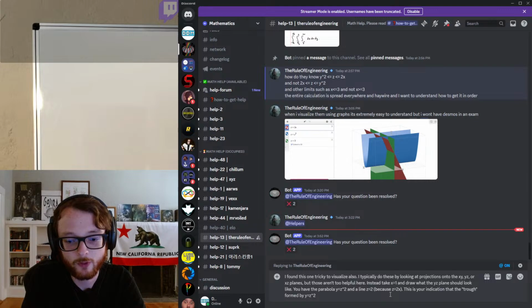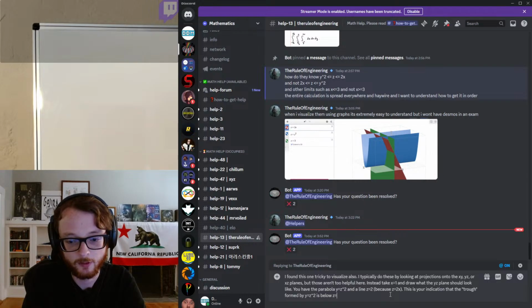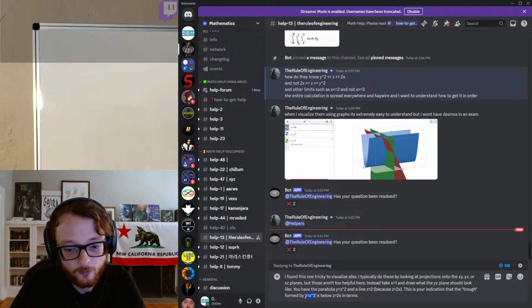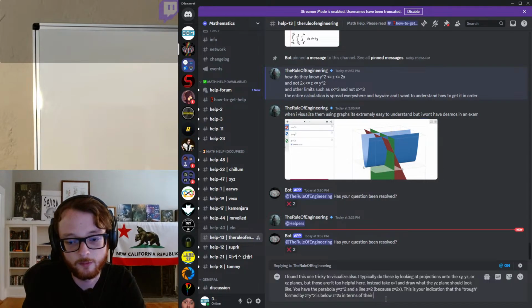Y equals z squared is below z equals 2x, in terms of their respective z values.